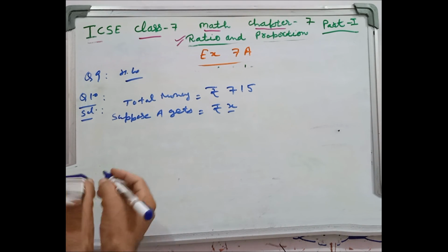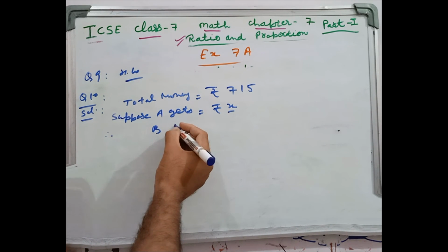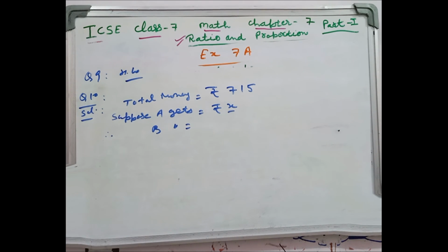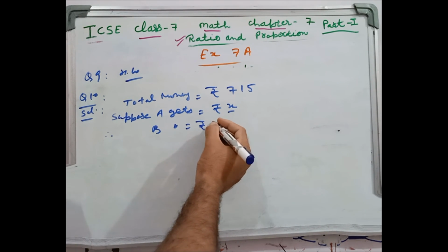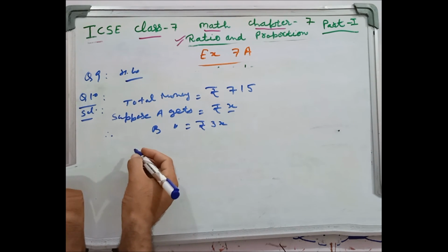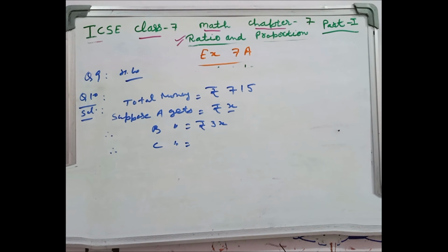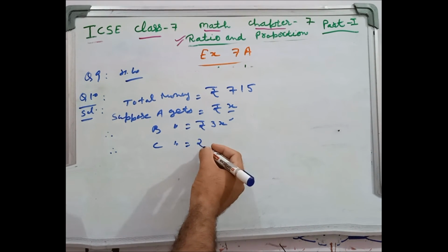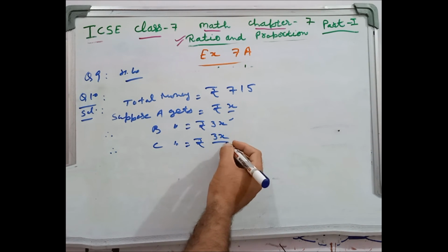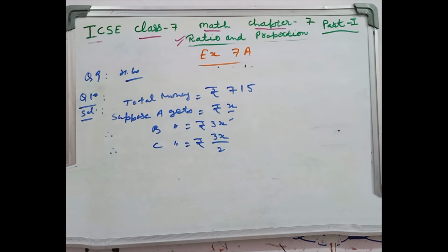Now if A is getting rupees x, B will get 3 times as much as A, right? So B will get rupees 3x, and C gets half as much as B gets. So B is getting 3x, so we will get half of it, rupees 3x upon 2, half of B's share, right?